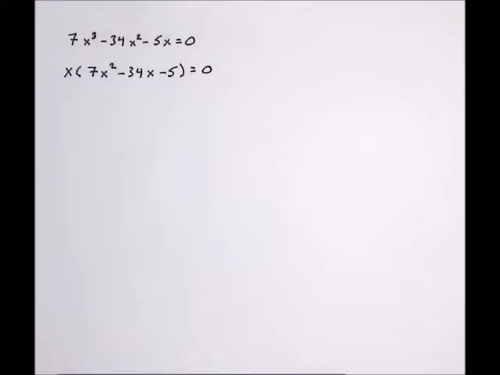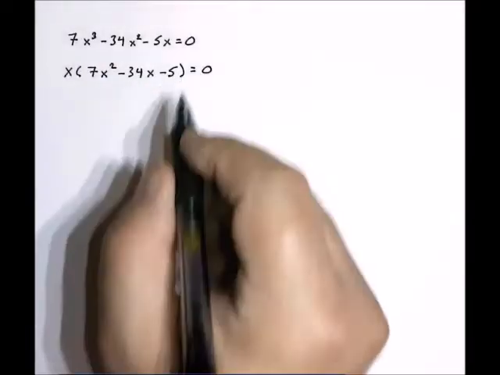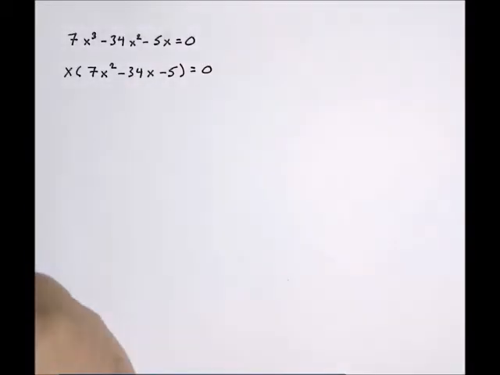The first one is the trial and error method. In other words, take the factors of 7 and the factors of 5 and try and mix and match them so I get a middle term of negative 34. And that can get confusing when the numbers get larger. We can also plug it straight into the quadratic formula, and that works, but it's kind of long.